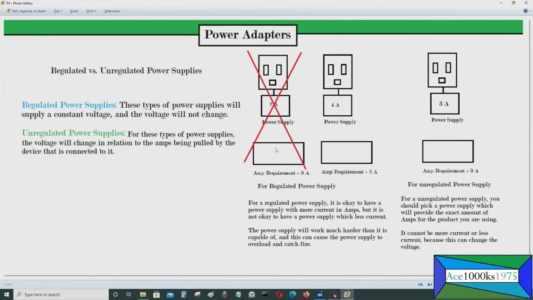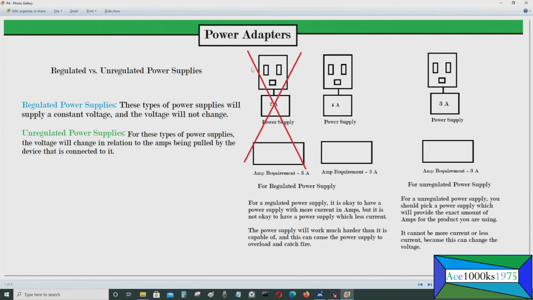So if your power supply is only capable of 2 amps and your product requires 3 amps, then it won't work, because this power supply cannot supply the adequate amount of amps to your product. As a result, this thing will be working harder to supply the required amperage, and this could create a fire hazard.